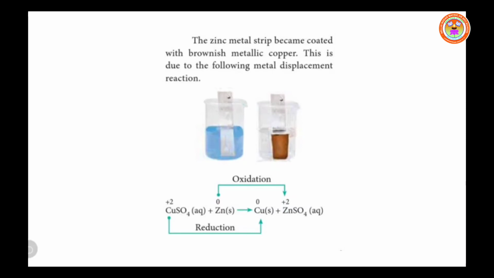So, when a zinc metal strip is placed in aqueous solution of copper sulfate taken in a beaker, the intensity of the blue color of the copper sulfate solution will be reduced slowly and finally disappear. After some time we can see the brown color formed on the metal strip.